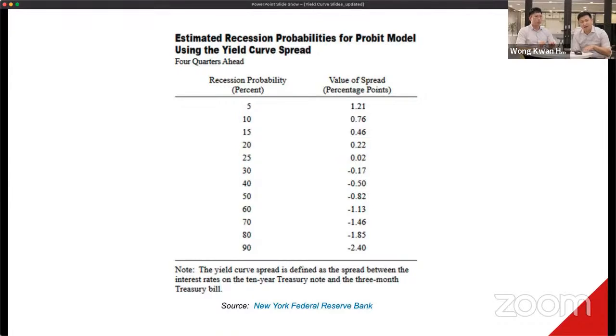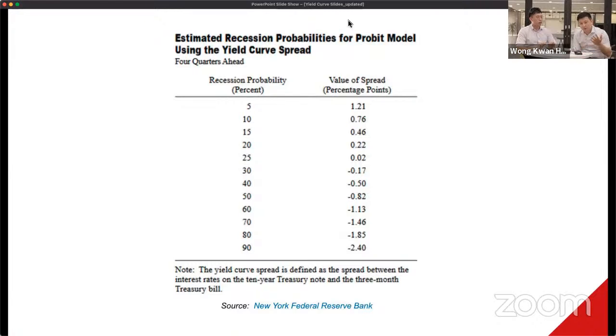So 30%, how do you even visualize the difference between 30% and 40%? It's very hard because the numbers are abstract, but certainly if you have a 30% possibility of a recession happening, it is indicating a possibility there. So this is the origin of the yield curve inversion acting as an indicator of a recession happening, right?